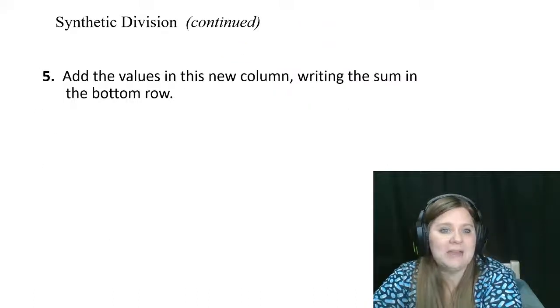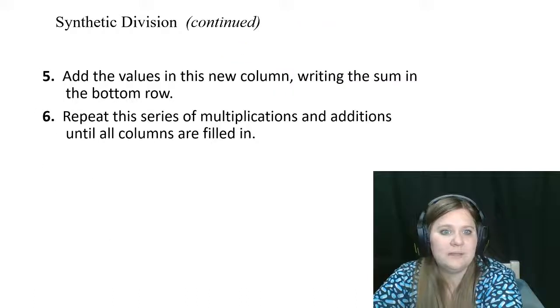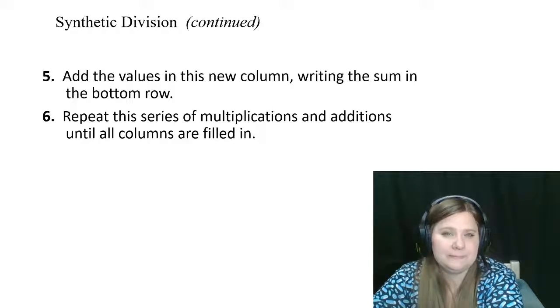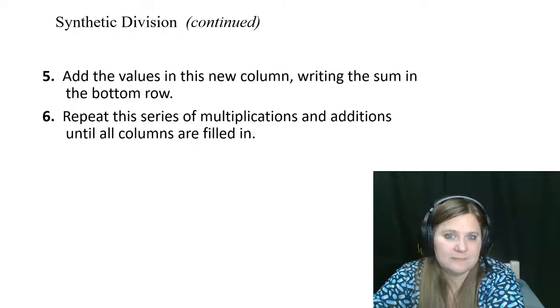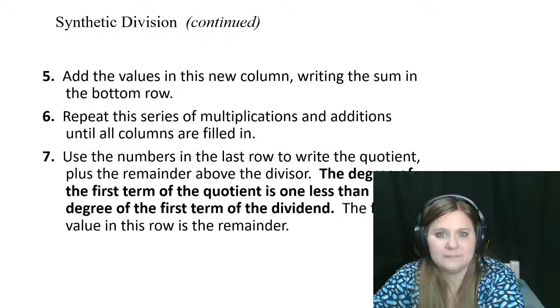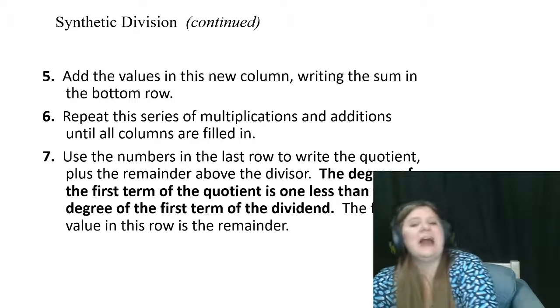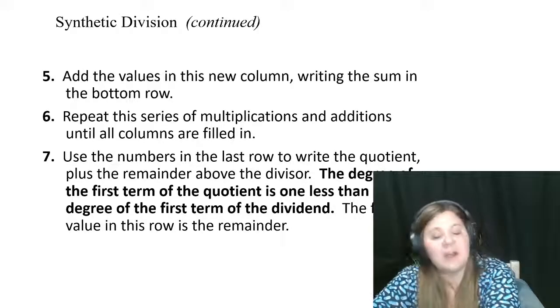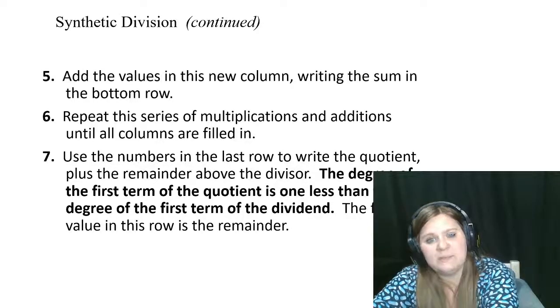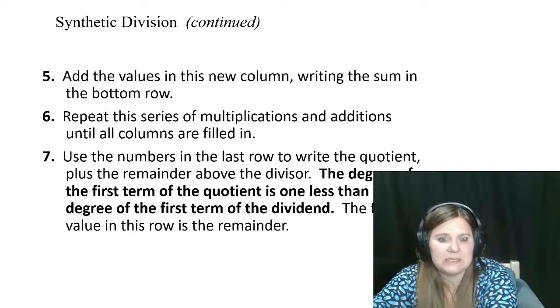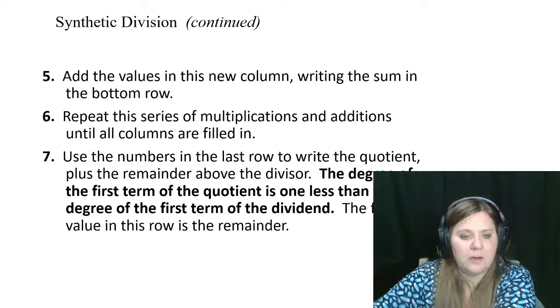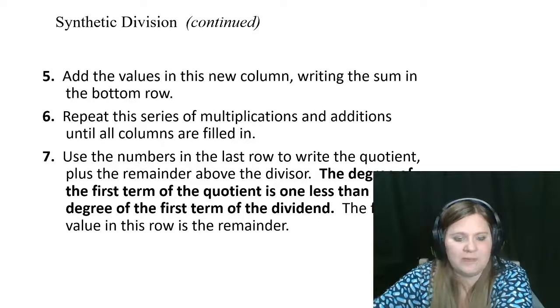Now we want to add the numbers in that column, and we want to repeat. At the very end, the numbers that are under that line are going to be how we translate to our new polynomial, what we divided to.